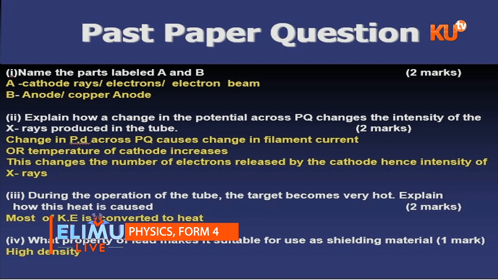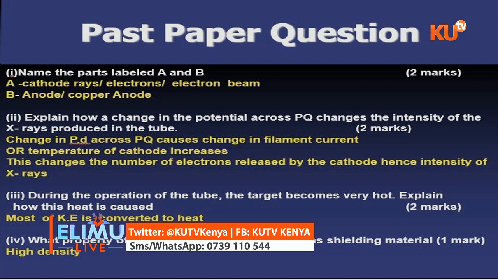So you say the change in PD across PQ, what will happen? That will increase filament current, hence heating. Therefore, we shall have more electrons being produced, which will also affect the intensity of the X-rays.